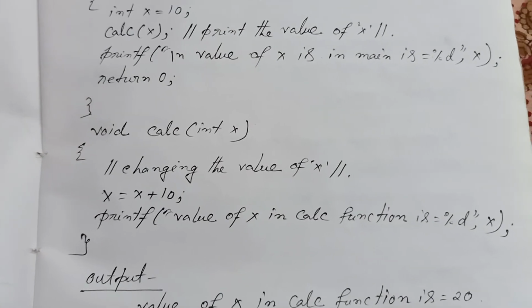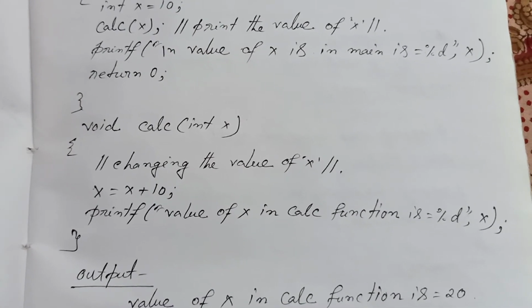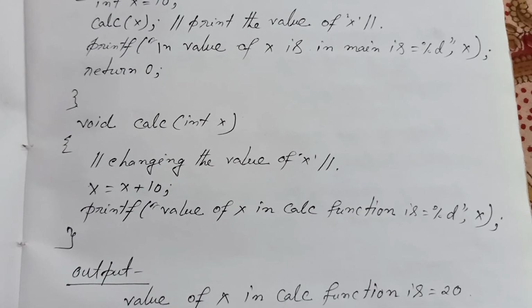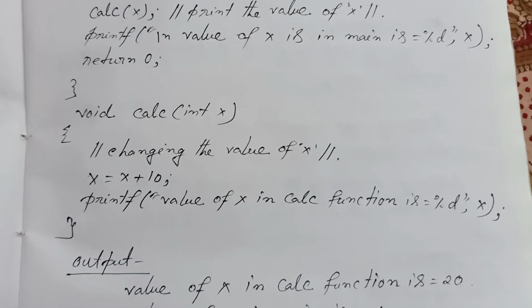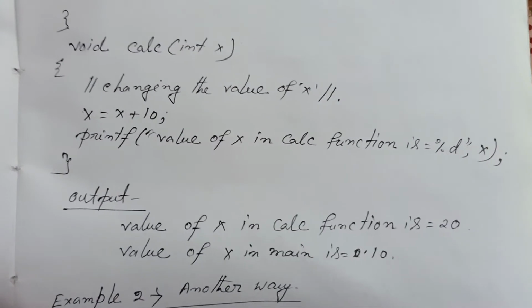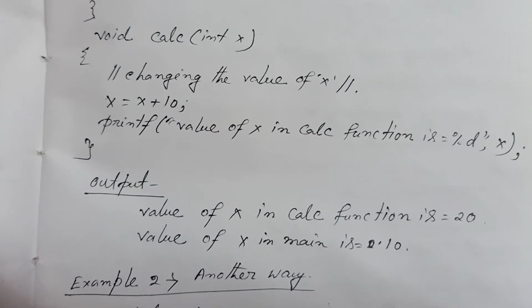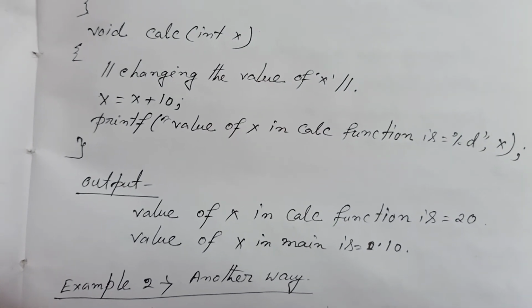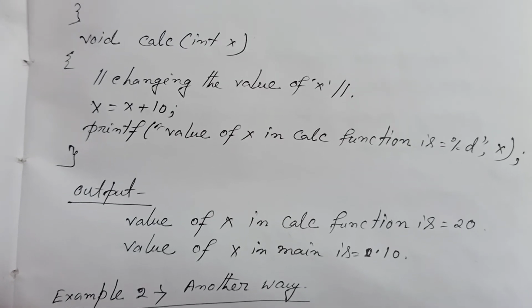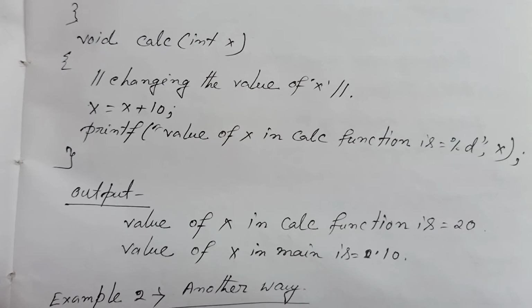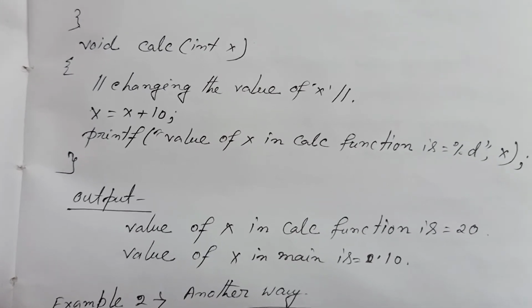In the main function, we call the user defined function first, then display the value of x, so the output is: value of x in calc function is 20, value of x in main is 10.